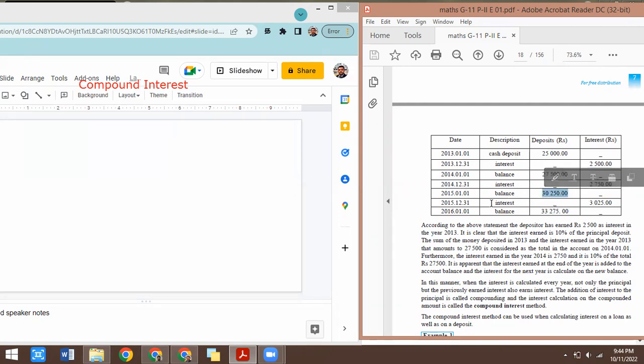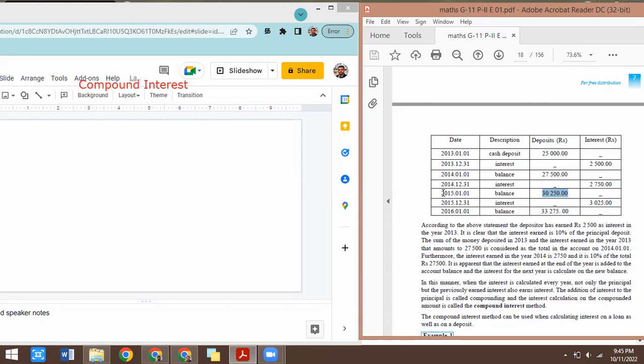At the end of that year too, he receives 10% interest, which is 3,025, and that is added to the 30,250 at the end of the year. So when the account goes to the next year, the first day of 2016, the balance will be 33,275.